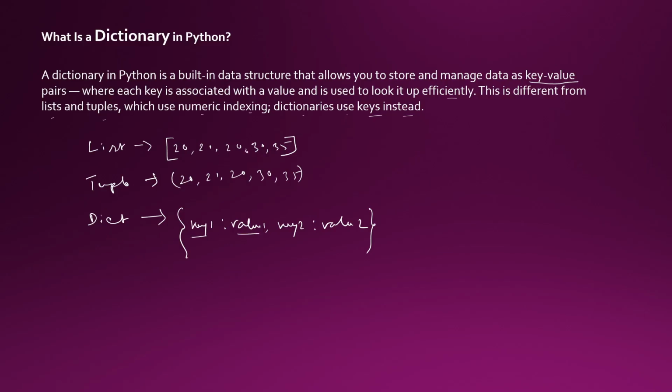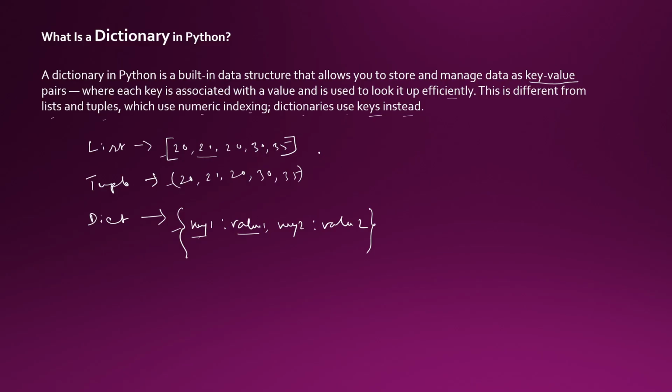So in order to create our list, we have to use square brackets. In order to create our tuple, we have to use parentheses, and in order to create our dictionary, we have to use curly brackets. But the difference is within a list and tuple, we mention all our values one by one. But in the case of a dictionary, we have to mention our value using its associated key, the key in the key-value pair, right?